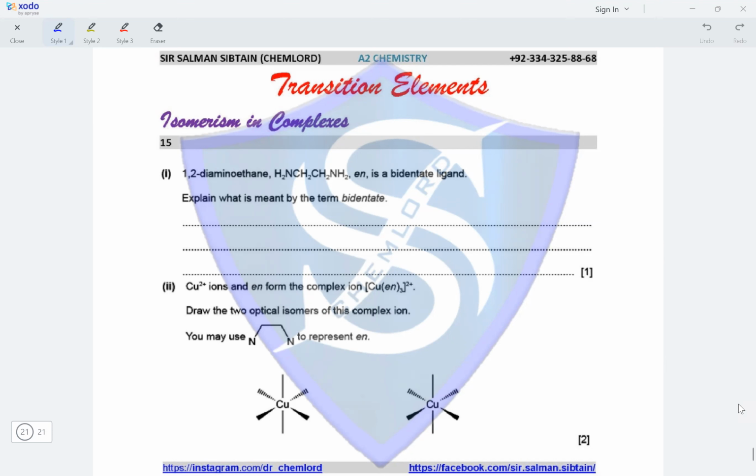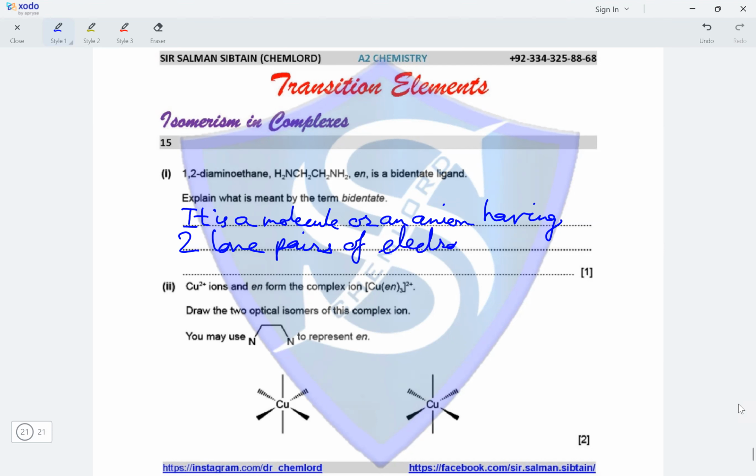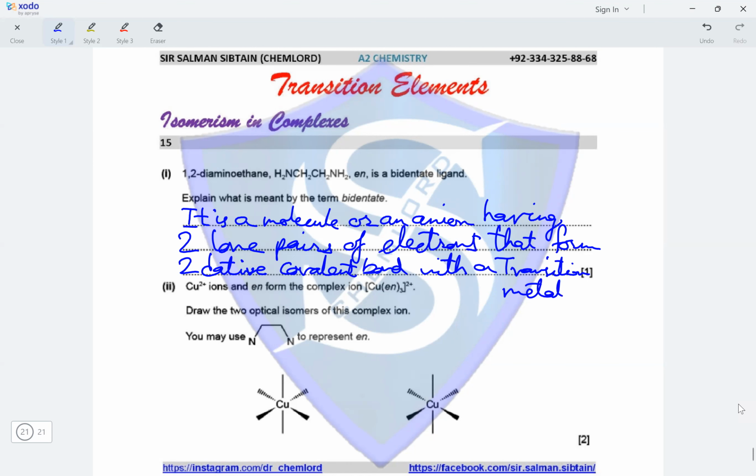So it is a molecule or an anion having two lone pairs of electrons that form two dative covalent bonds with a transition metal ion.